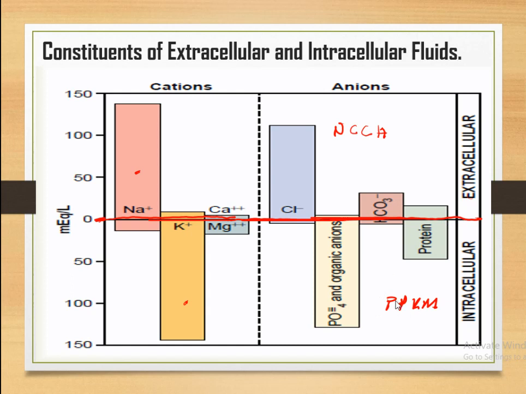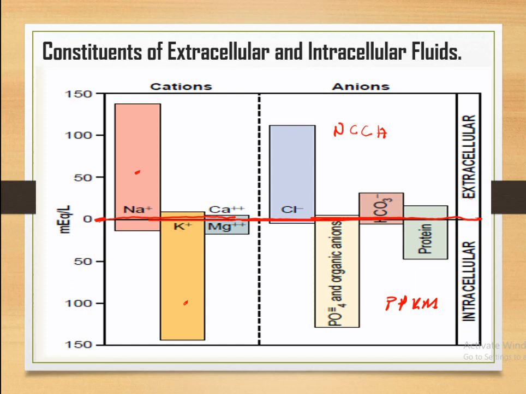I can also talk about phosphate and other organic anions. All these other organic anions are just part of the intracellular. And when you talk of magnesium ions and potassium ions, they form the intracellular part of the cell.